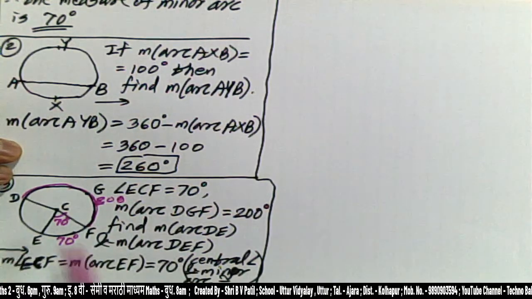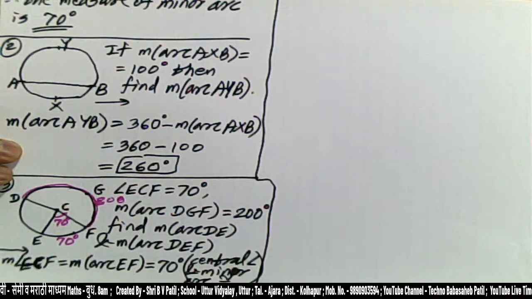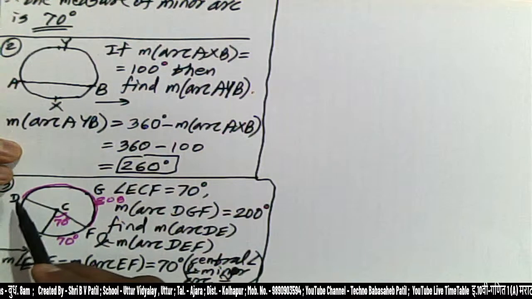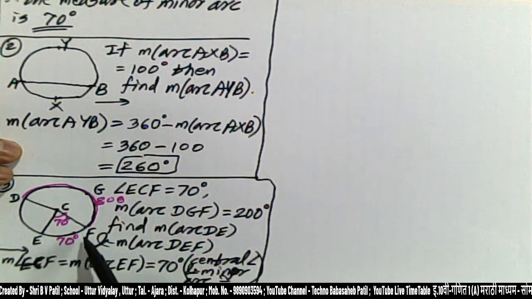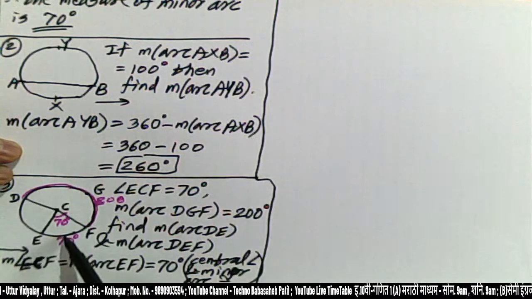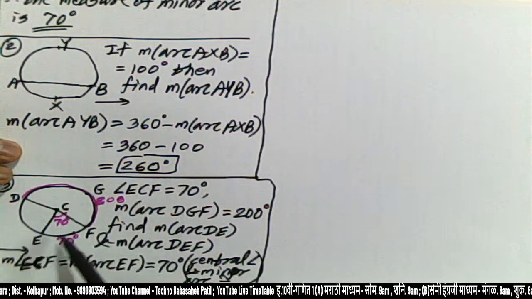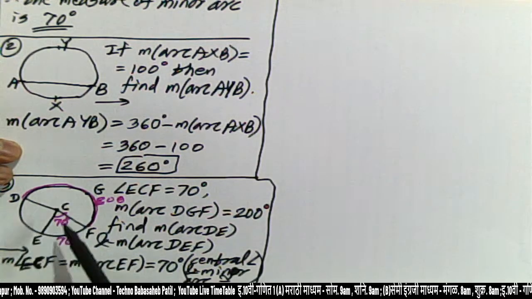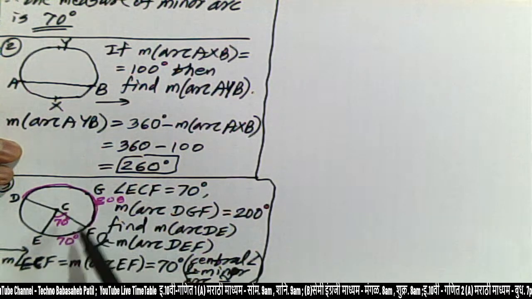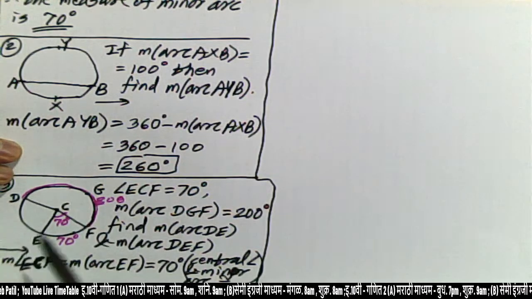Then find arc DE. We find arc DE, EF and DGF. The addition of three arcs gives the circle, and we know the circle's measurement is 360. 360 minus those two arcs' measurements gives the measure of arc DE.